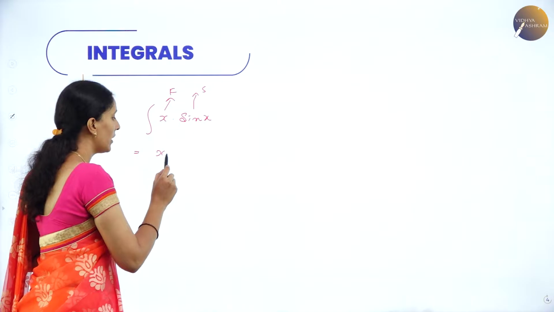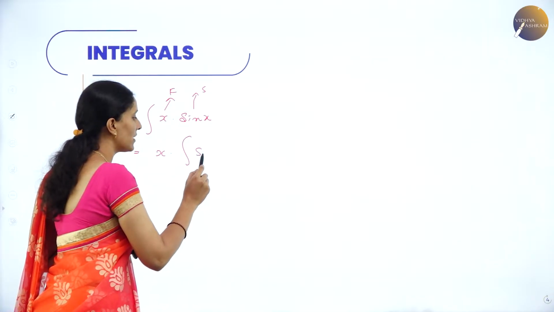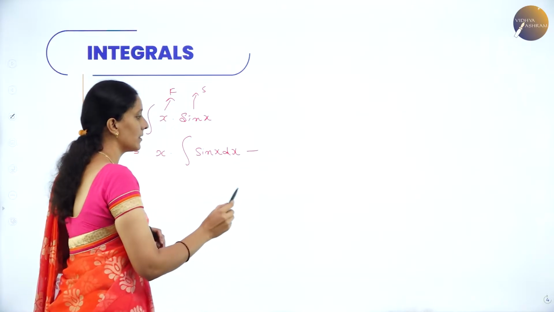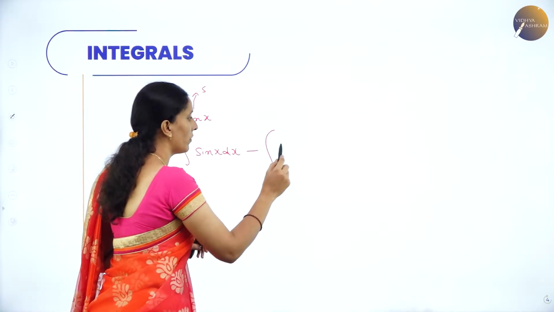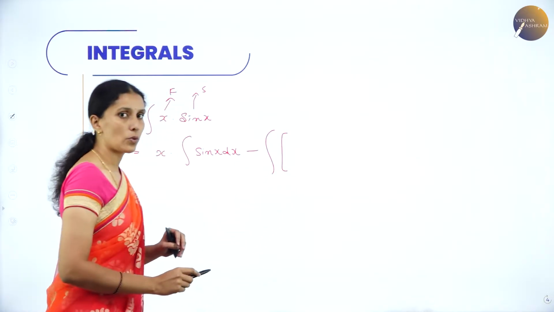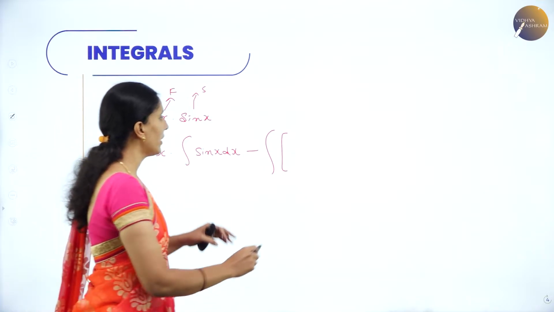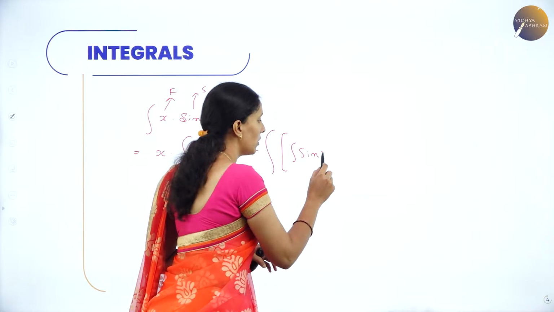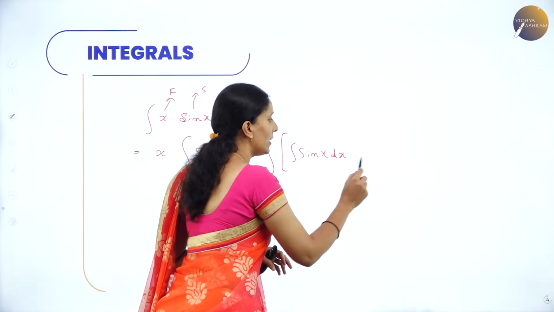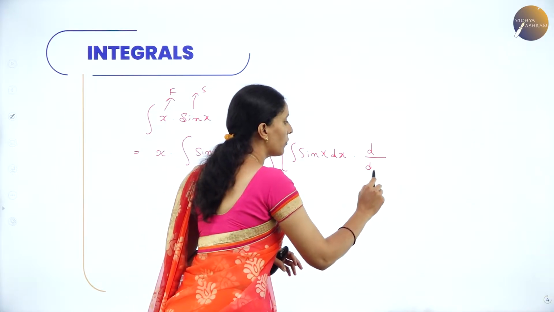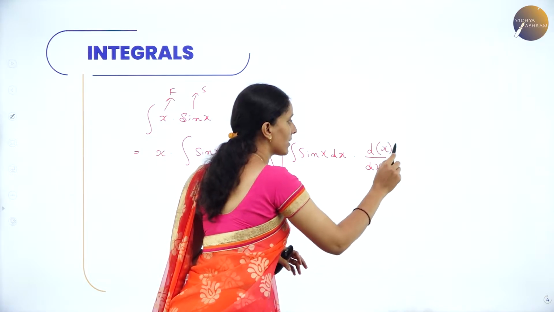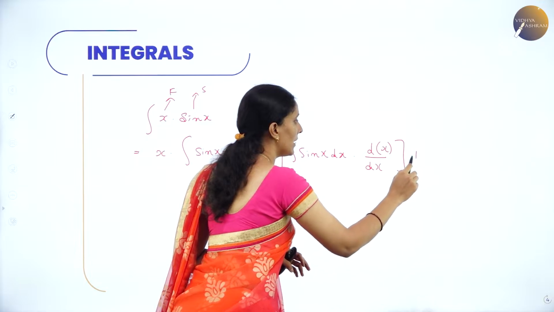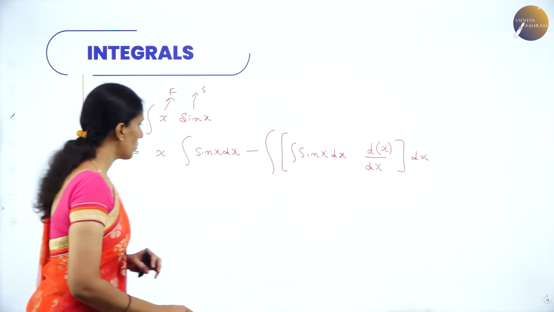First function into integral of the second, minus integral of, so within the square brackets, I'll again write minus integral of second function with respect to dx into derivative of the first function, which is x. So this is with respect to dx again.